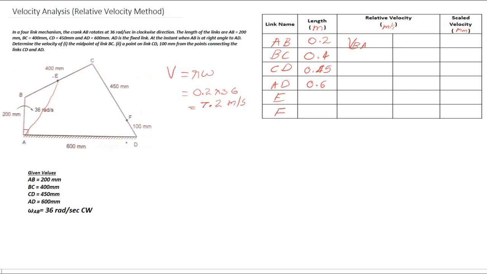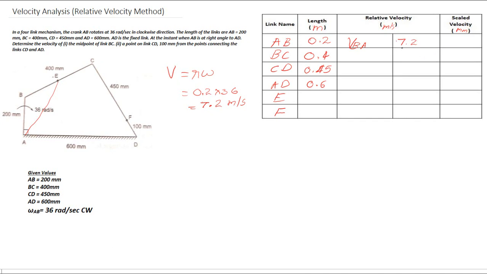So the velocity of the point B with respect to A, VBA, is equal to 7.2 meter per second.